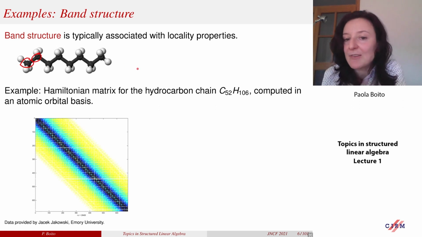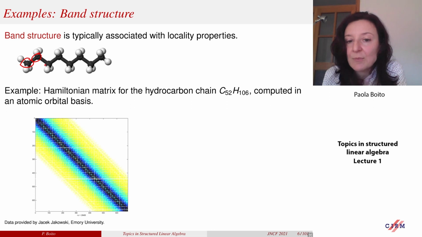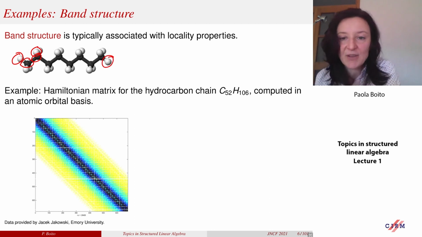Here we have a small example, the one of the matrix is larger. And there are bonds between these carbon atoms. And moreover, each carbon is linked to two hydrogens. The white atoms are hydrogens. And on top of this, we have one hydrogen at the beginning of the chain and another hydrogen at the end of the chain. Okay?